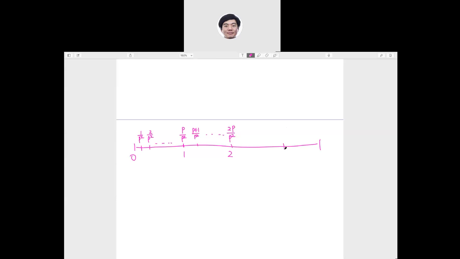Right? So finally, this would be np divided by p squared. So this is a rather special sequence. We have a name for this. It's I upper p, A upper p. So we have 2 upper p's.